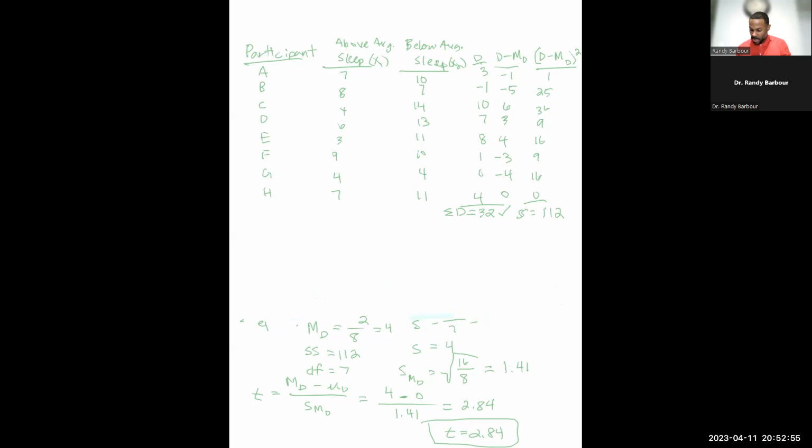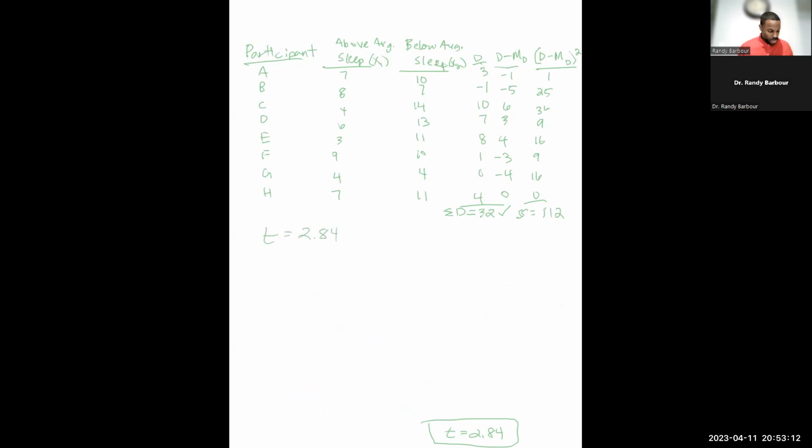But again, pause it if you need it. I'm just going to erase the stuff that I don't need. My T statistic, I'm going to need, so my T is 2.84. I'm going to need my mean difference, which was 4.